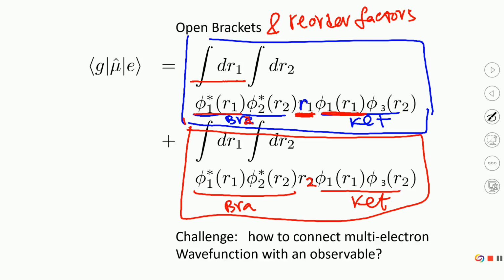In the second term, for integration over variable R1, we have phi 1 of R1. So this integration will give 1, right? And then we need to perform integration only over R2.